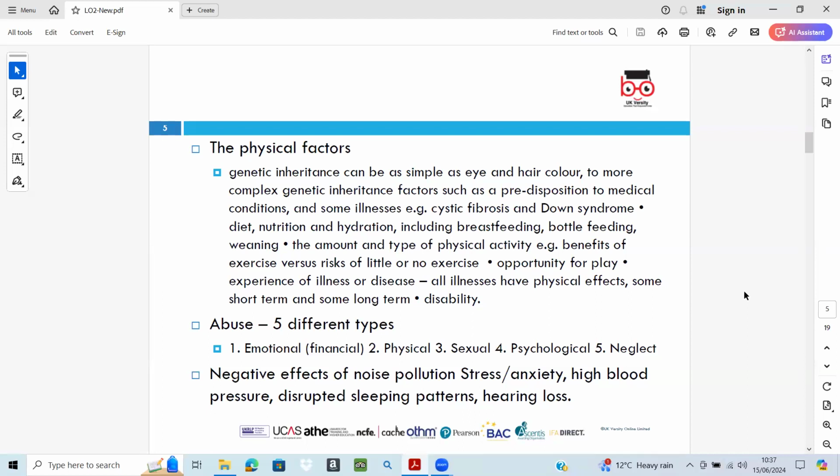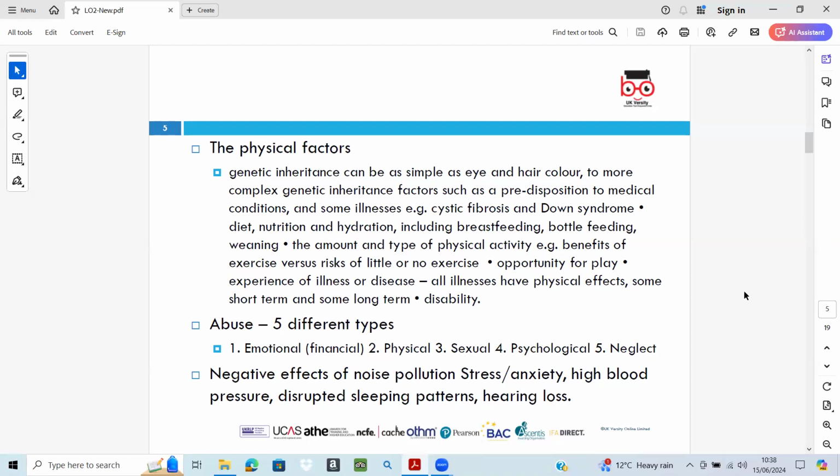In infancy, breastfeeding provides essential nutrients and antibodies, while bottle feeding must ensure similar nutritional adequacy. And then we have weaning. Transitioning from milk to solid food introduces diverse nutrition, all the nutrients necessary for growth.